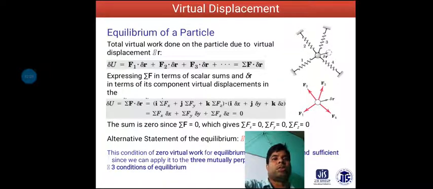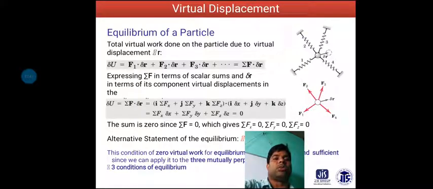Now expressing summation F in terms of scalar sums and dr in terms of its component virtual displacements. So del U is equal to summation of F into dr, and that is also equal to i summation of Fx plus j summation of Fy plus k summation of Fz into i dx plus j dy plus k dz.